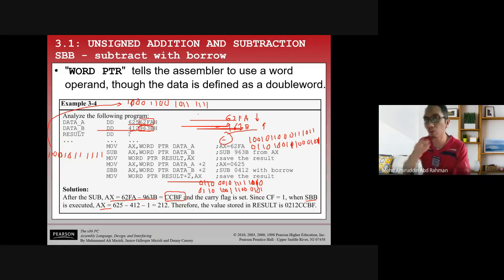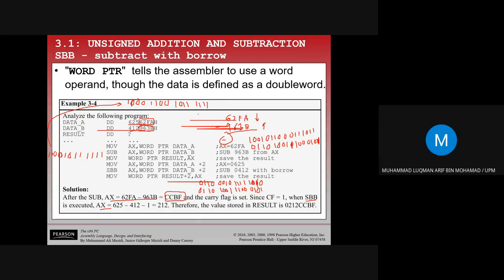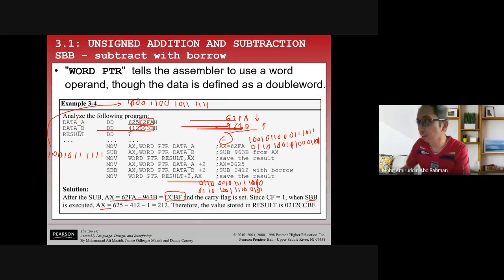So this is what we have. So let's do the conversion. If you invert this number, what will it be? CCBF, right? CCBF.